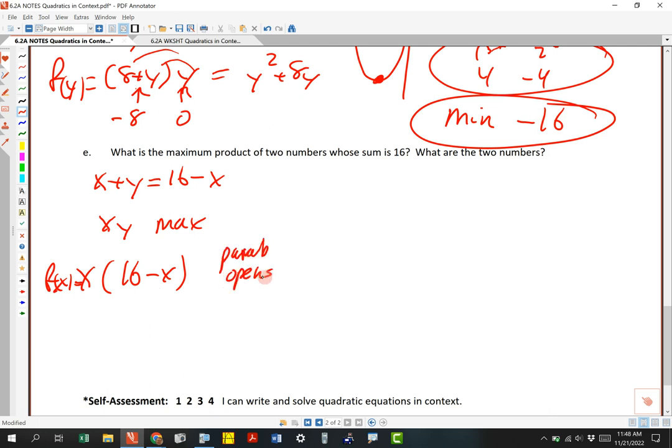Which way does it open? Oh, yeah. Careful, take a look. 16x minus x squared. The x squared term is negative, so it's going to open down. So will it have a max? Yeah. It will. Okay. Would you figure out what the answer is to this problem? You're looking for two numbers, and you want to know what their max product is.